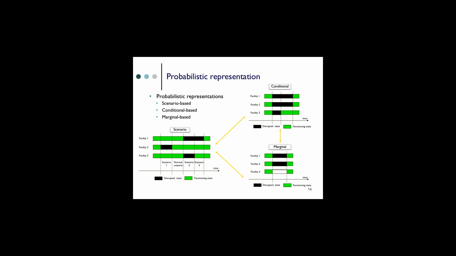The last representation is a marginal-based representation. This one is similar to the scenario representation. The difference is that here, during a time period, we know that some facilities are disrupted, but we have no information about the others. This is the reason why we call it marginal, because we only know the state of these 2.